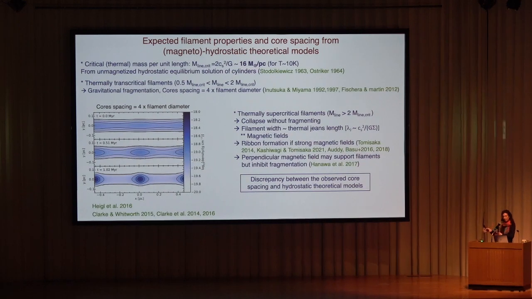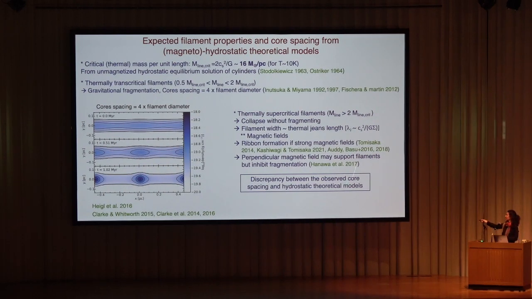And when the filaments have a line mass larger than twice this critical value, which is of the order of 16 solar masses per parsec for a 10K molecular cloud, these supercritical filaments are expected to collapse without fragmenting, and their width is proportional to the thermal Jeans length.